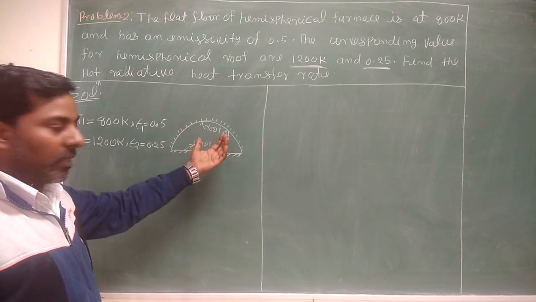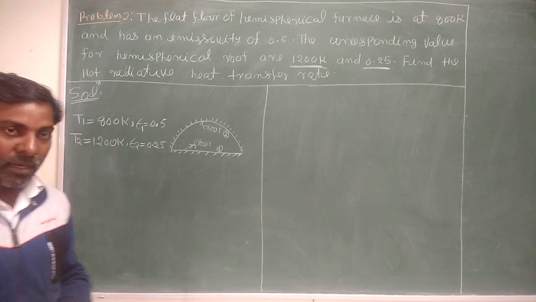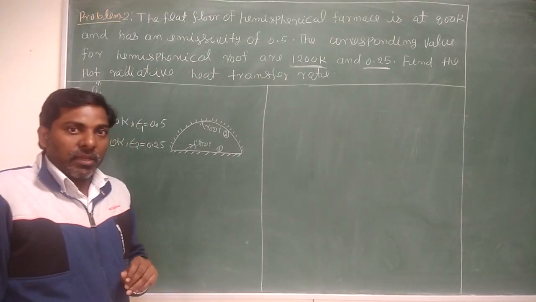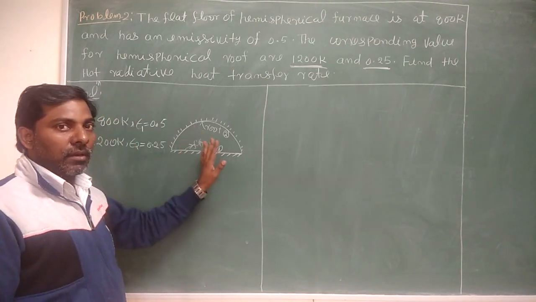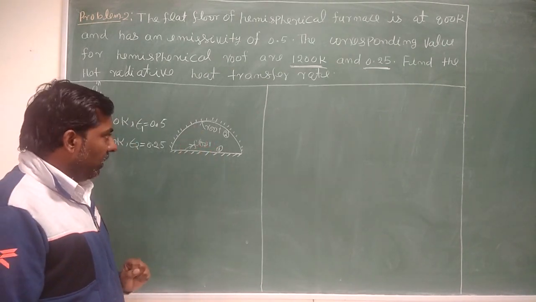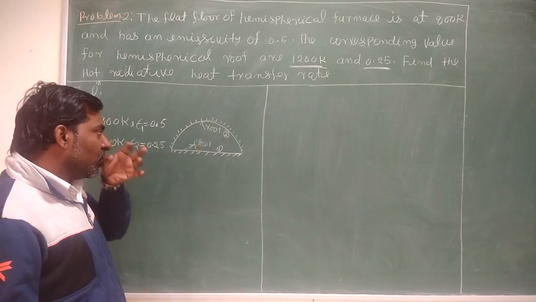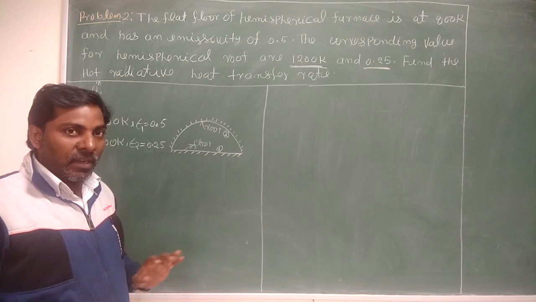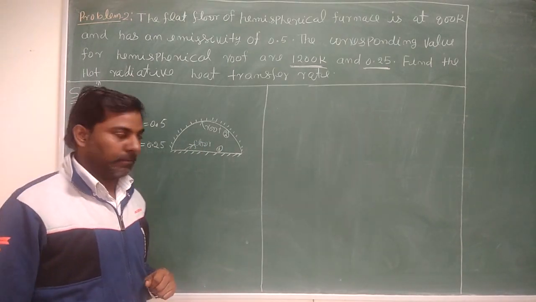There are two bodies, but one thing is special in this problem. Yesterday you studied the 4 cases of radiative heat exchange between two bodies, but this problem does not come under those 4 cases. So how to solve it? We have the solution: you have to adopt the electrical analogy approach.